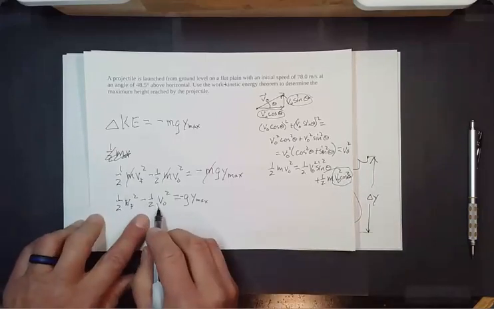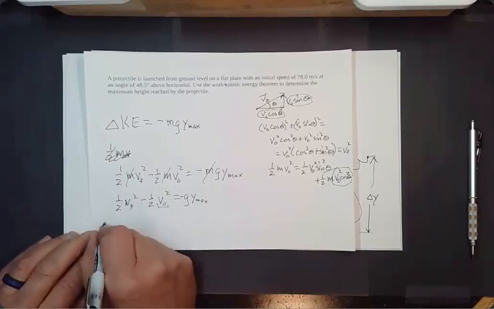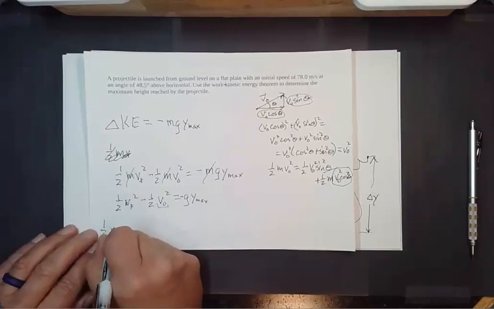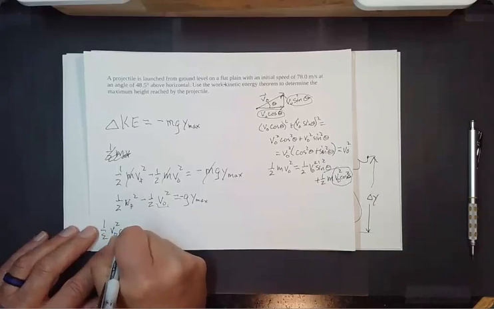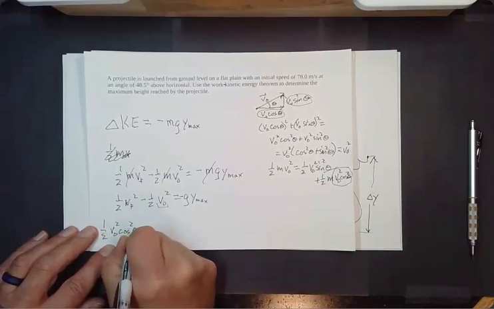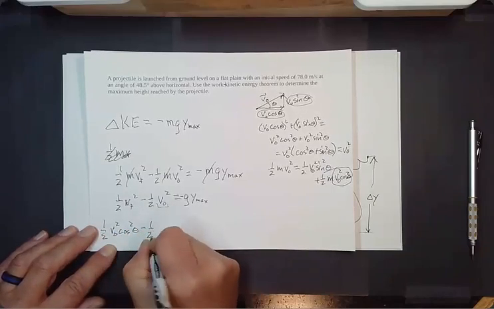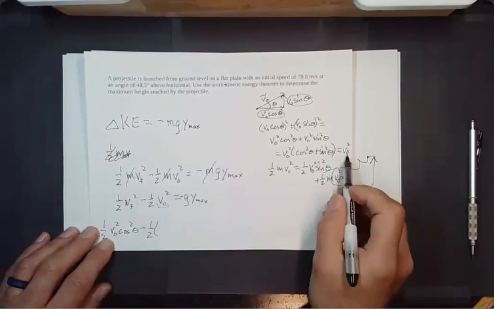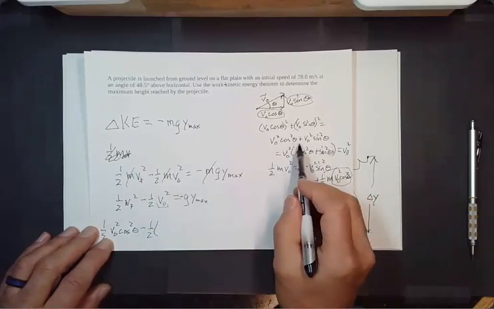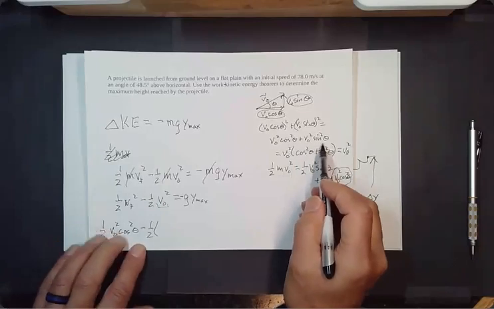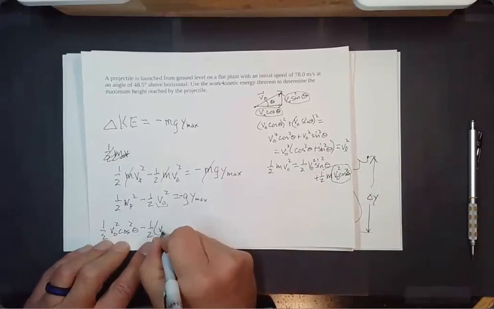And I'm going to split this into two parts. I'll have 1/2 V naught squared cosine squared theta minus 1/2 the V naught squared we knew was V naught squared cosine squared theta plus V naught squared sine squared theta.